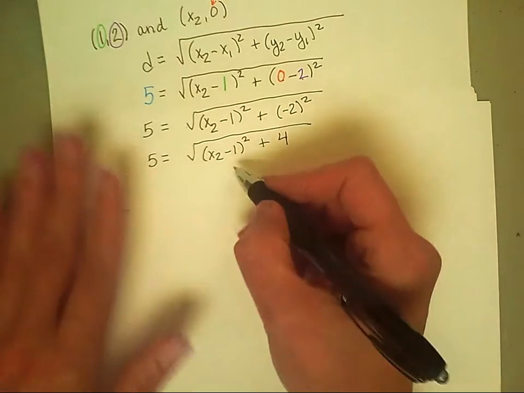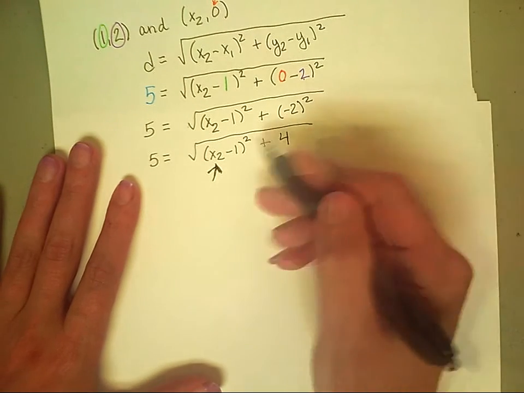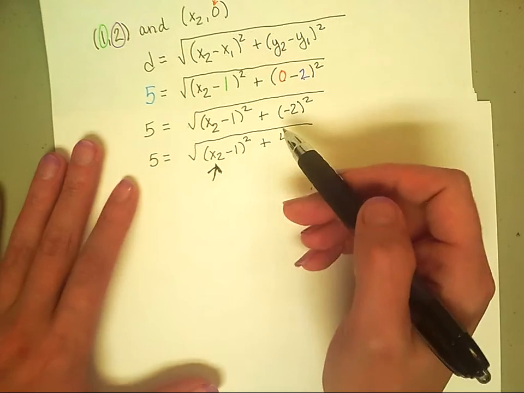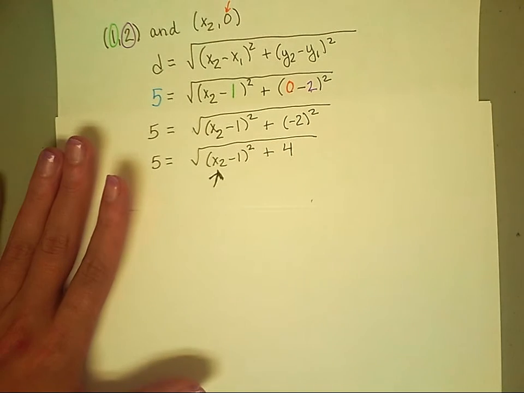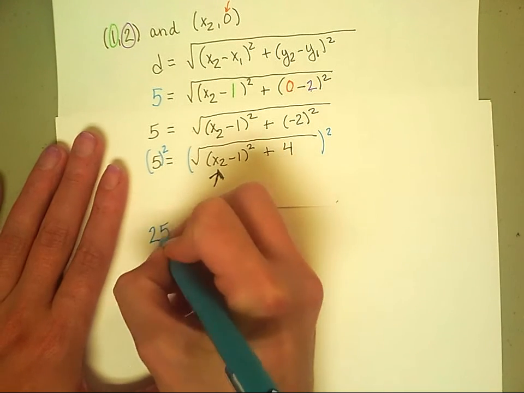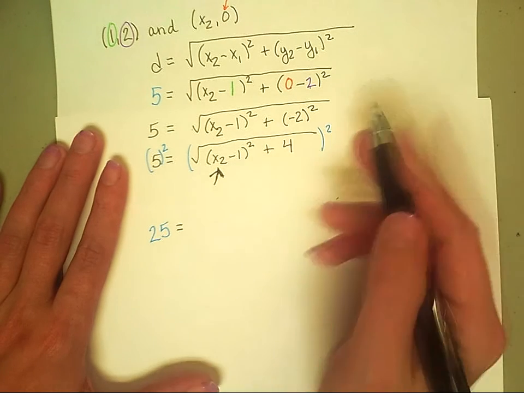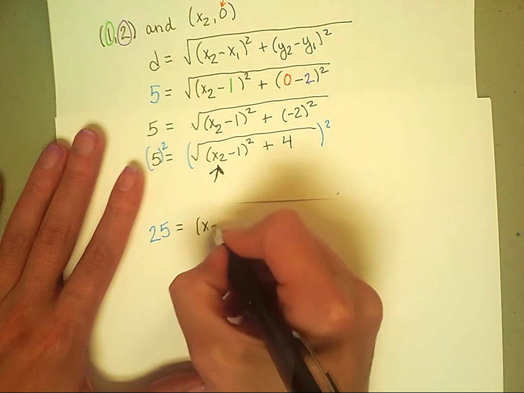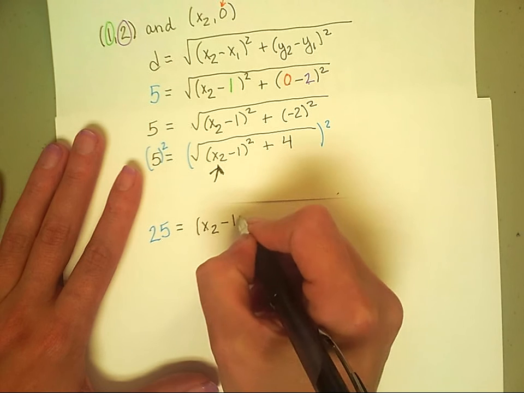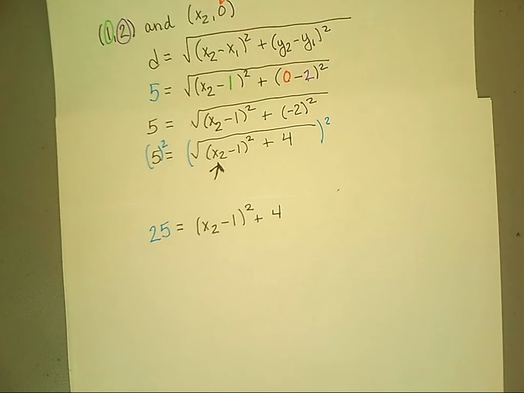Now that we know that, our goal is to solve for x2. Okay. So everything's as simplified under this radical as we can get. Now, x2 is underneath that radical, and I need to get it out. So to do that, I need to square both sides. Okay. So on this side, we'll have 25, and on the other side, the radical will be undone, and we have the quantity x2 minus 1 squared plus 4.